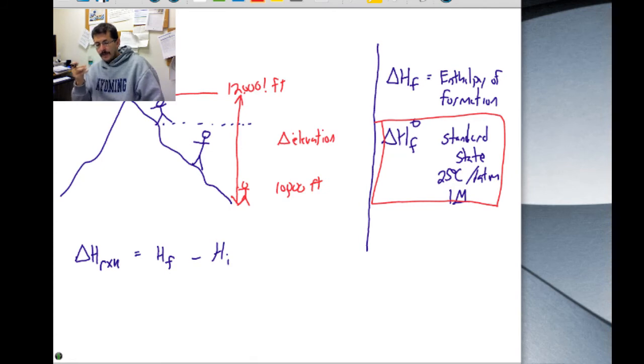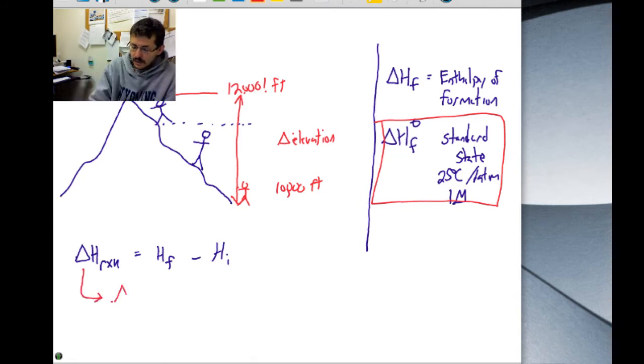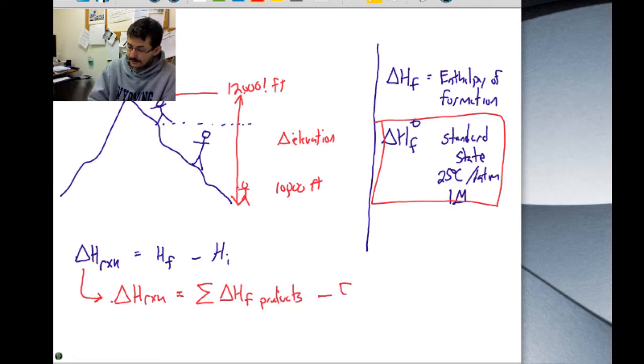And so we can think about the enthalpy change of a reaction as being related to the sum of the delta H of formation of the products minus the sum of the delta H formation of the reactants.